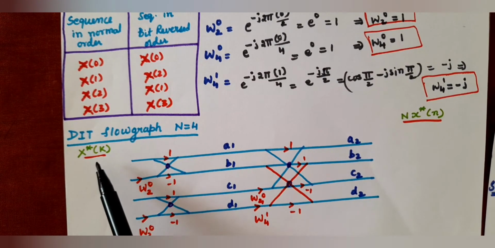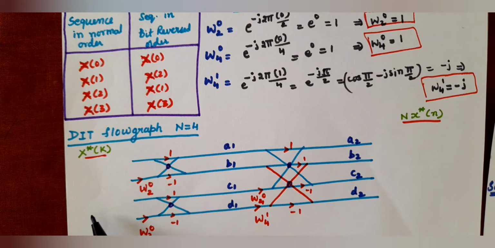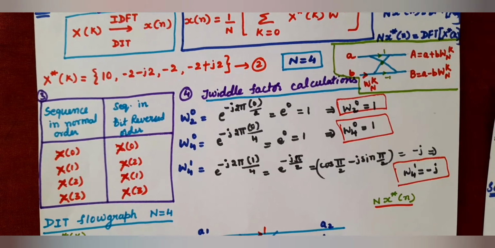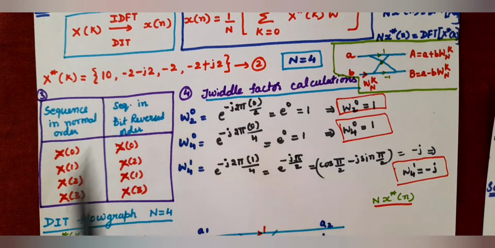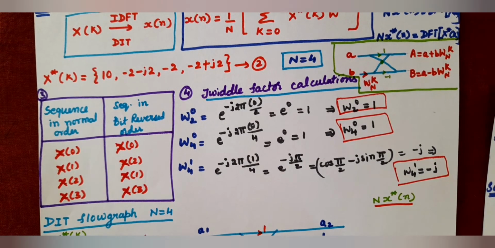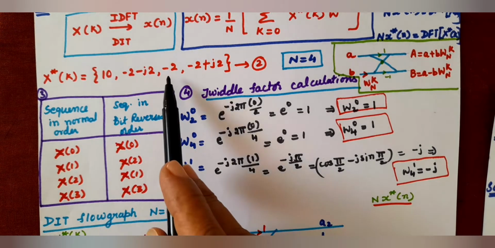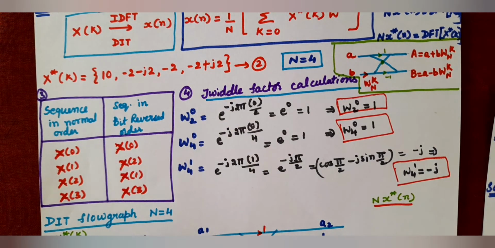Input is x star of k, and in DIT it is in bit reversal order. What is x star of 0? X star of 0 is 10. Next, what is x star of 2? X star of 2 is minus 2.